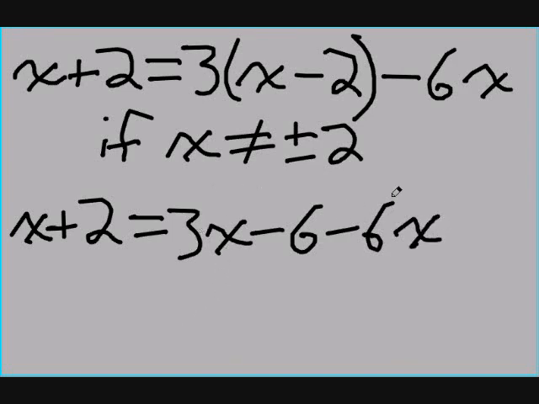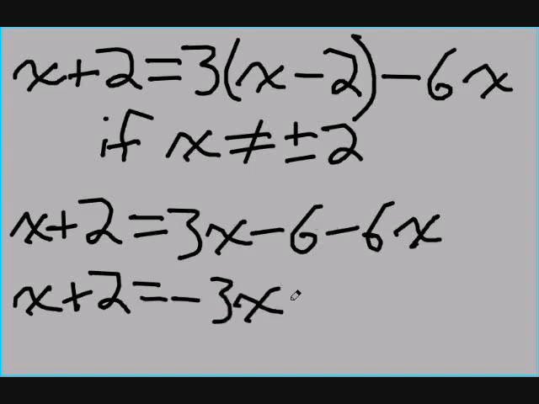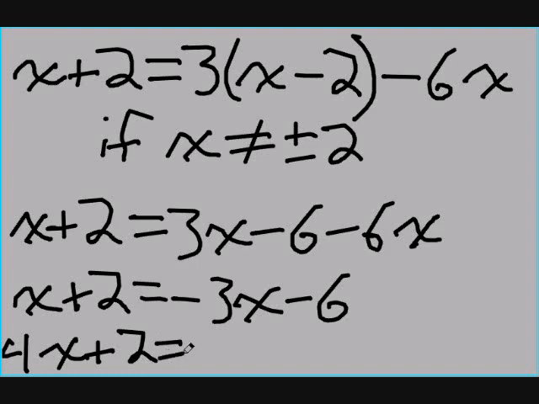Now 3x minus 6x is negative 3x, so x plus 2 equals negative 3x minus 6. And now what do I want to do? Let's add this 3x over here, so I get 4x plus 2 equals negative 6. I'll subtract 2 from both sides.